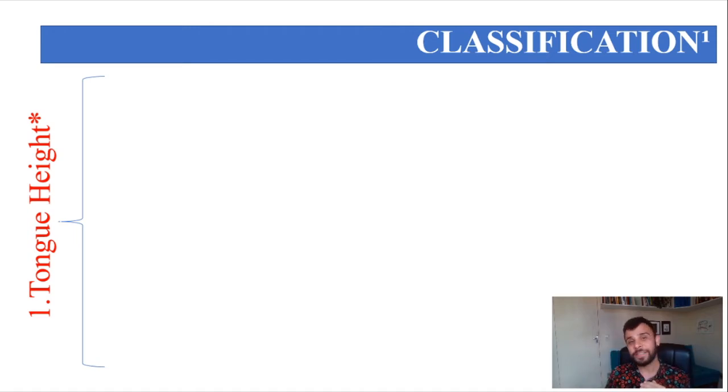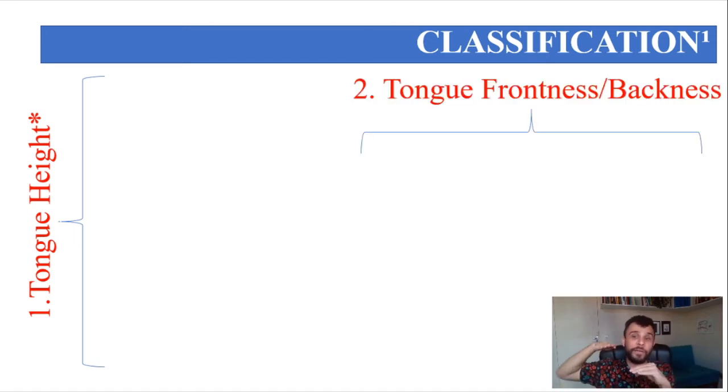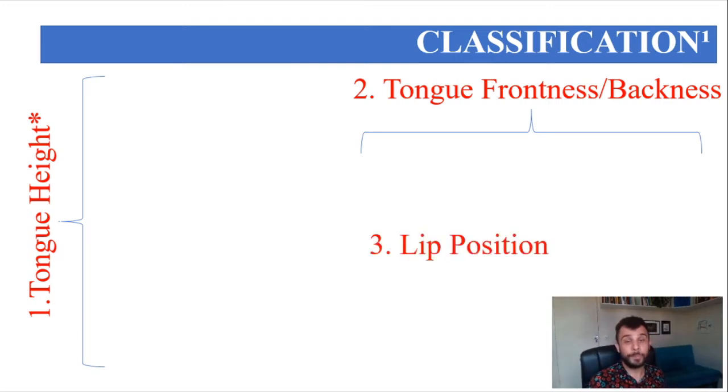Then we will classify it in terms of frontness or backness, if it moves front or back. And finally, we'll take a look also at the lip position. If your lip is round, if it is unrounded, if it is neutral.